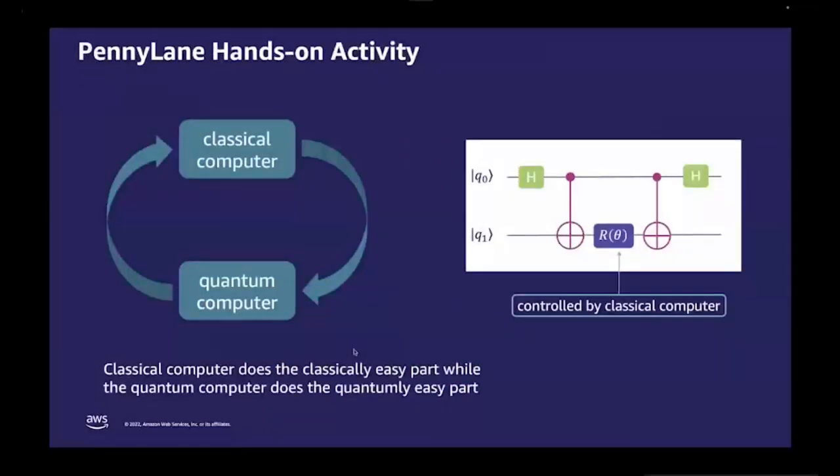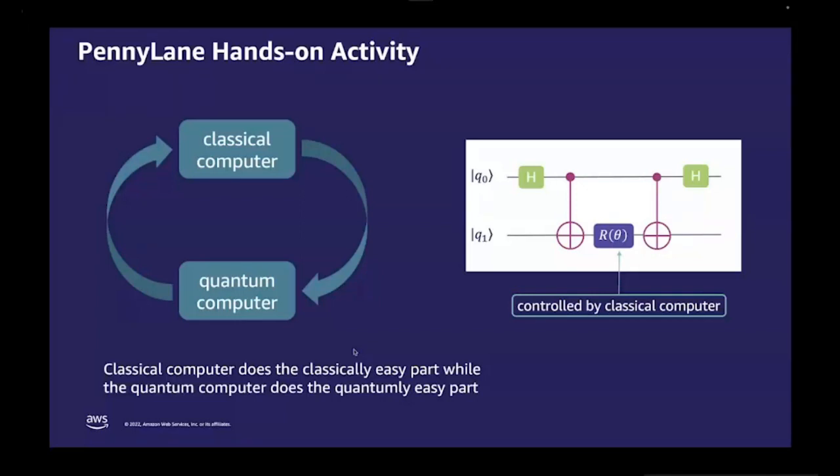If we want to see it in a simple picture, all the quantum variational algorithms just follow a very important idea: we need the classical computer to do the classical easy part, maybe running the classical optimizers for updating the parameters. And we need the quantum computer to do the quantum easy part.